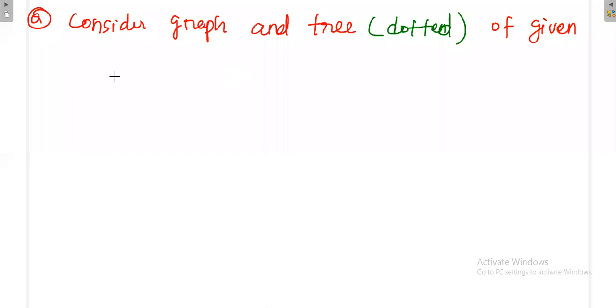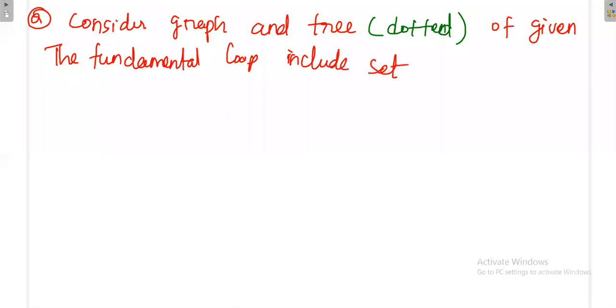The fundamental loop of the given diagram includes a set of lines. Okay, the diagram is given like this.